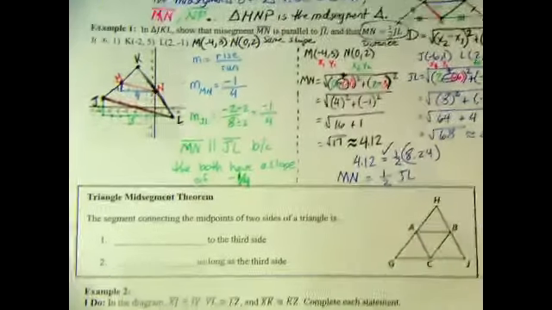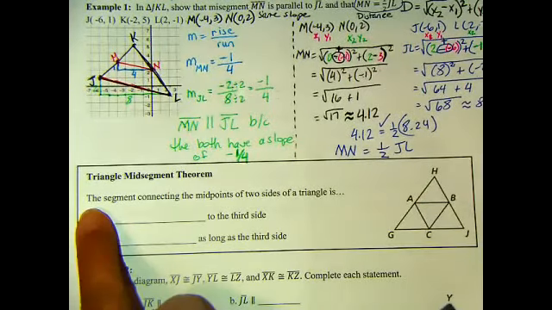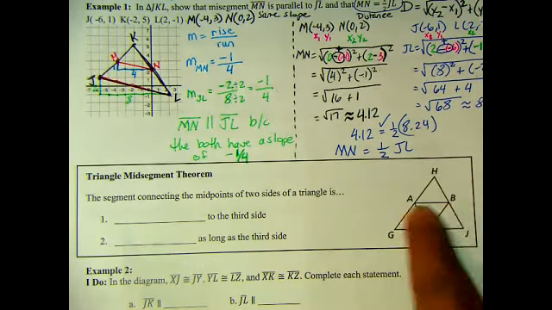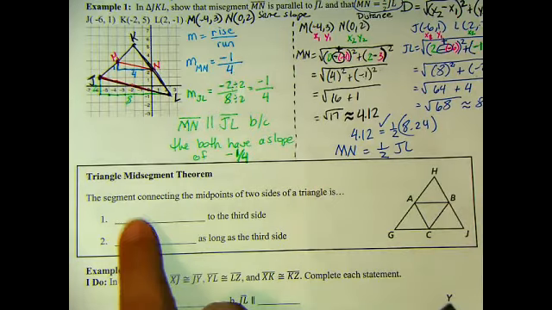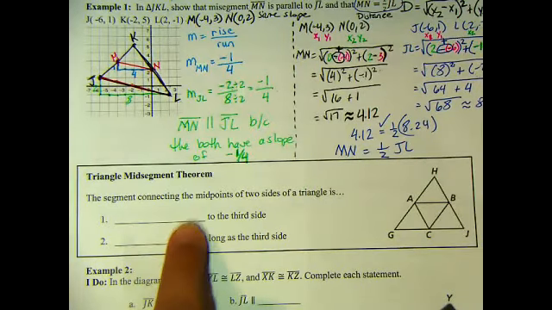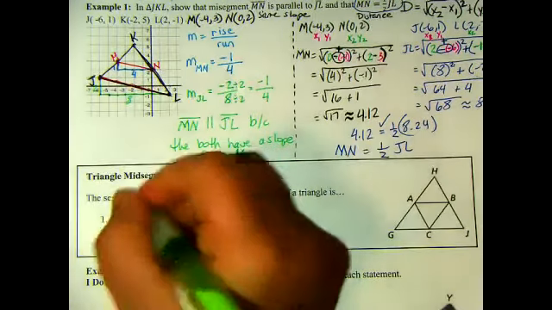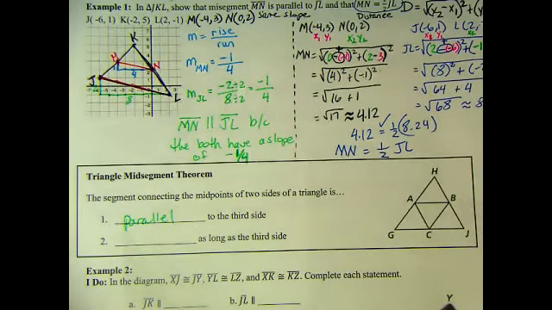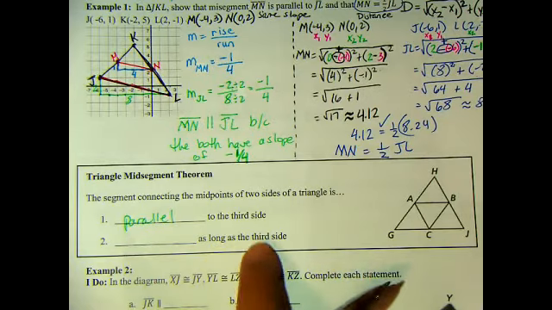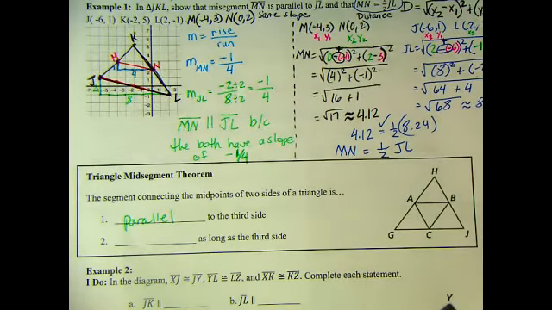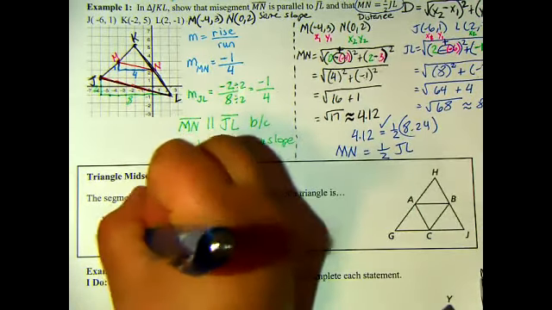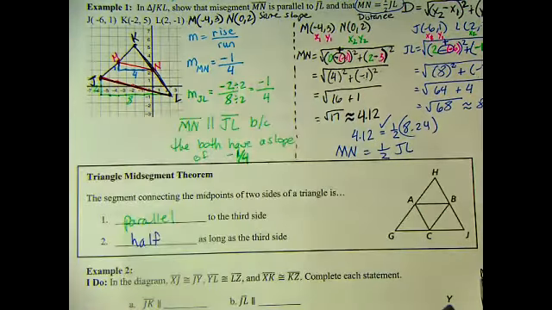It says the segment connecting the midpoints of two sides of a triangle, aka the midsegment, is parallel to the third side, and it is half as long as the third side.